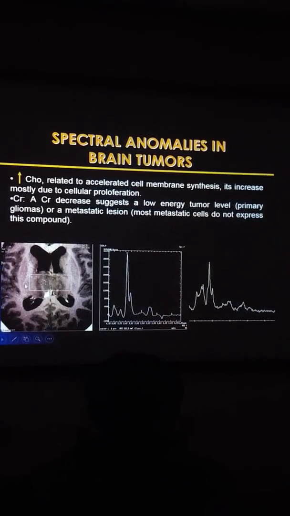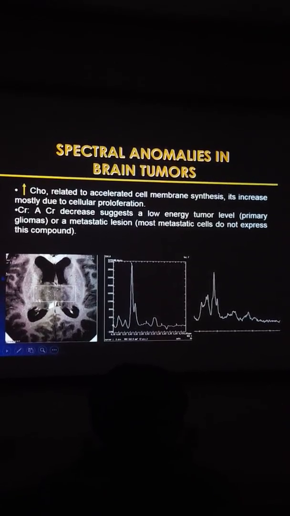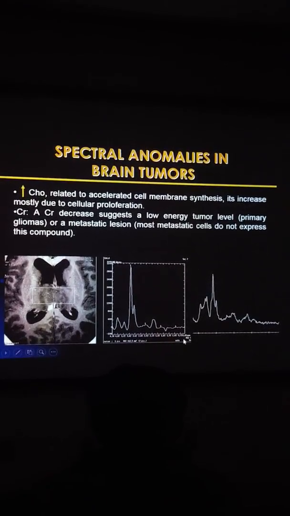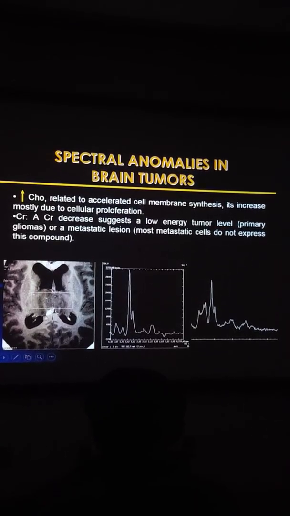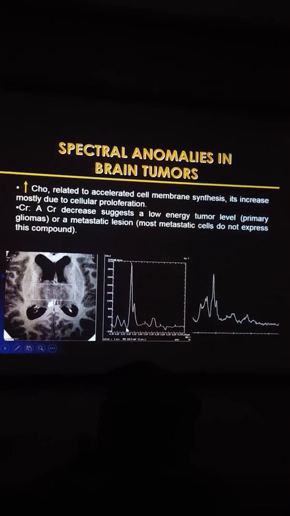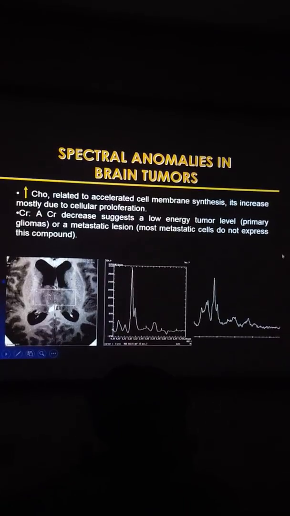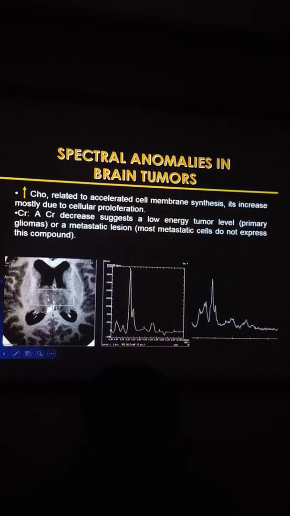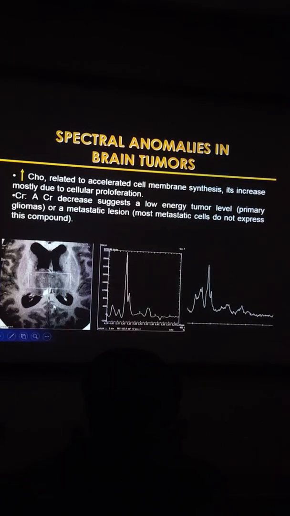So everything matches the spectral behavior with the tumor behavior. So here we have this infiltrating tumor involving the central thalamus and basal ganglia structures, very large choline peak. Even though we don't see significant enhancement on this patient, the presence of such a very large choline peak with depression of your N-acetyl aspartate, it will favor, instead of a grade 2, you're going to be calling this a grade 3.